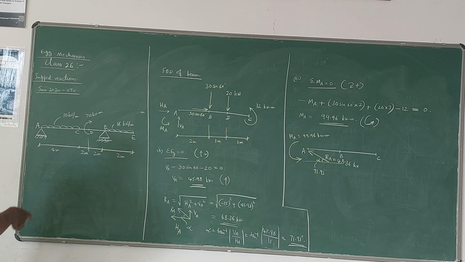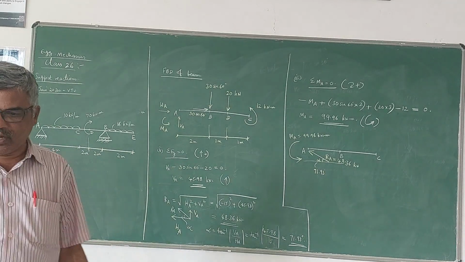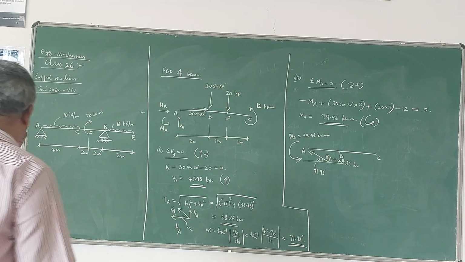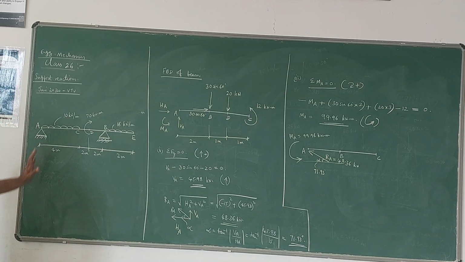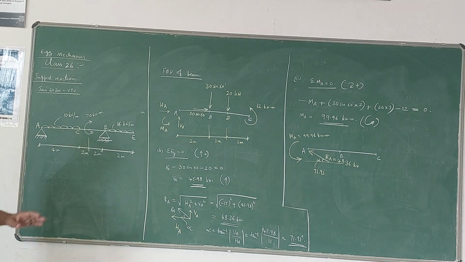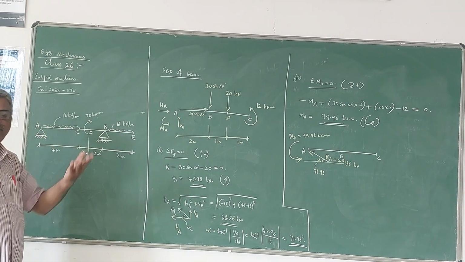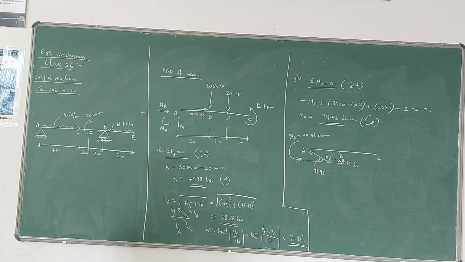Now we have to find the support reactions for this. As you know, at the hinge end we generally have two reactions, one horizontal and one vertical, and at the roller end we have only one reaction. But here, if you observe the diagram, there are no inclined forces and no horizontal forces. If an inclined force is there, then only you add the horizontal component of the inclined force.